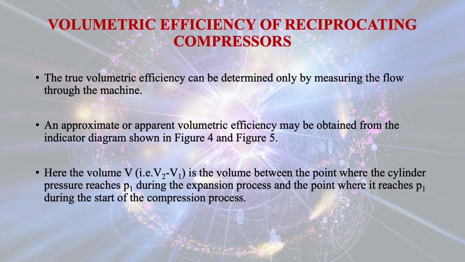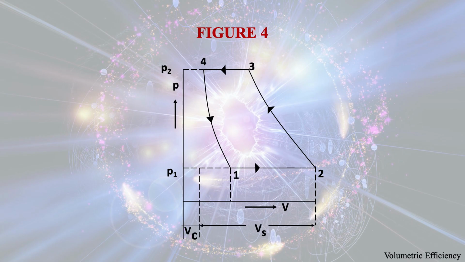Here the volume V, that is equal to V2 minus V1, is the volume between the point where the cylinder pressure reaches P1 during the expansion process and the point where it reaches P1 during the start of the compression process. This is the indicated diagram for the compression process.